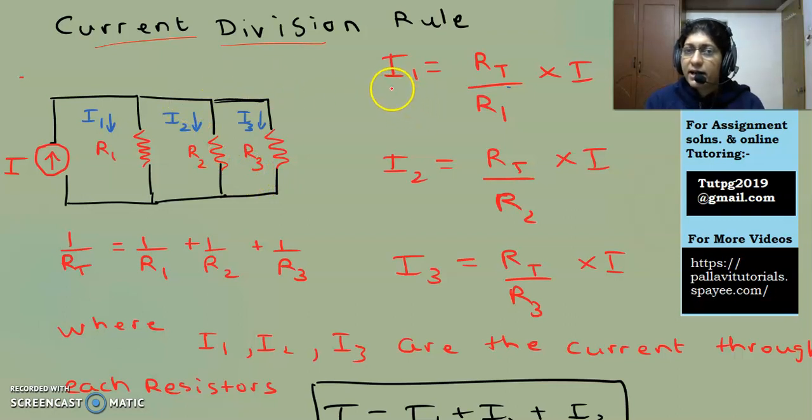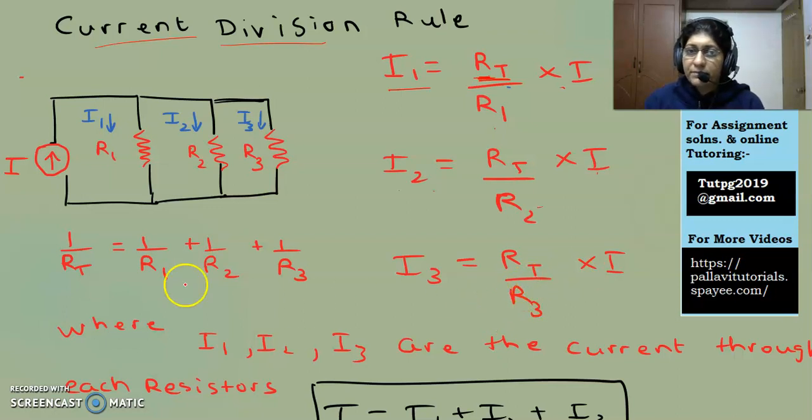It says that the current in resistor 1, I1, is equal to RT upon R1 into I. Here RT is the equivalent resistance, not the total resistance; don't sum the resistances. For branch 2, it is RT upon R2 into I, and for branch 3, RT upon R3 into I.